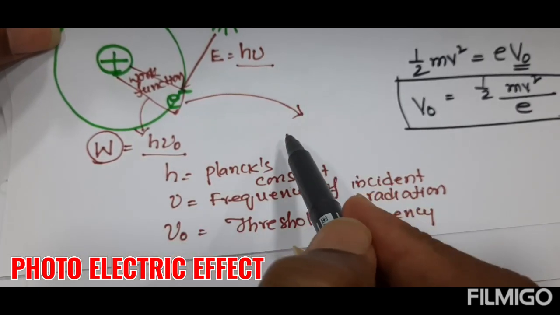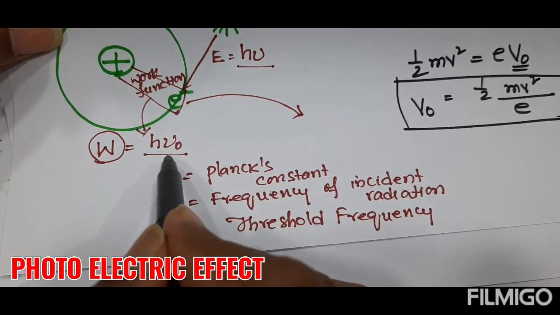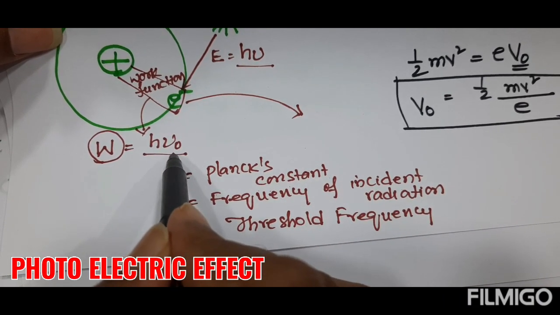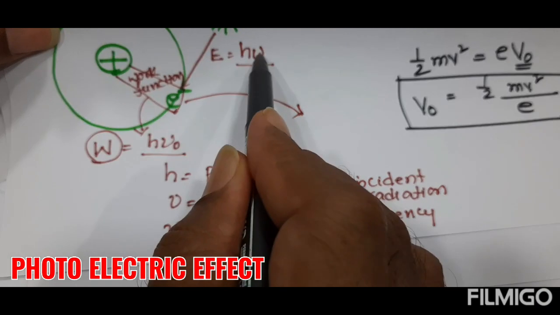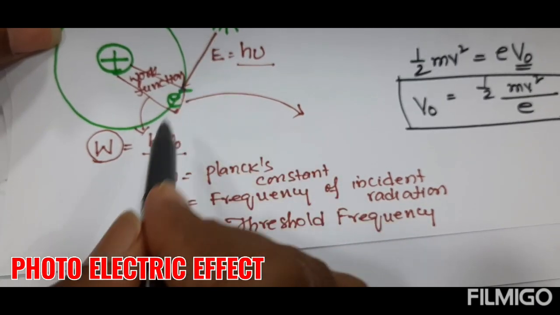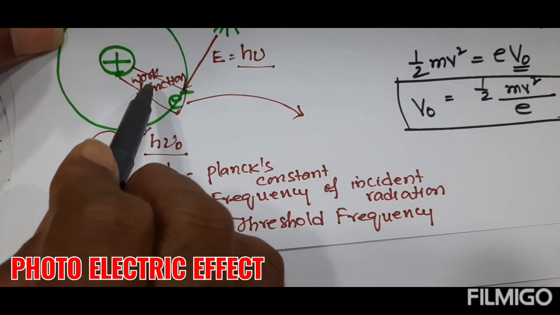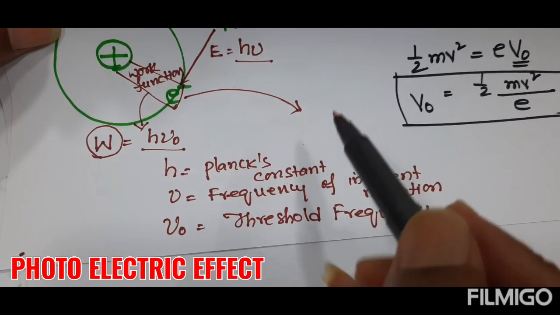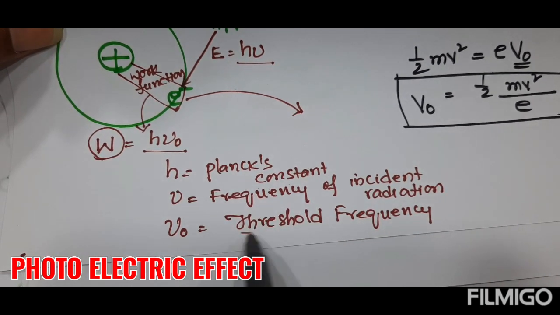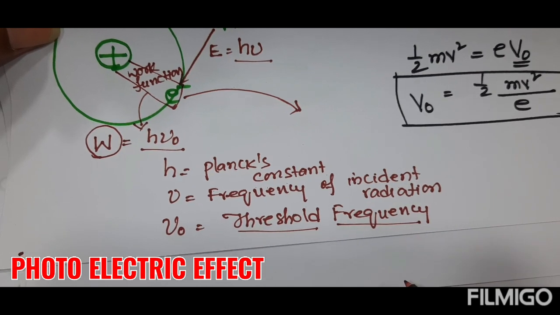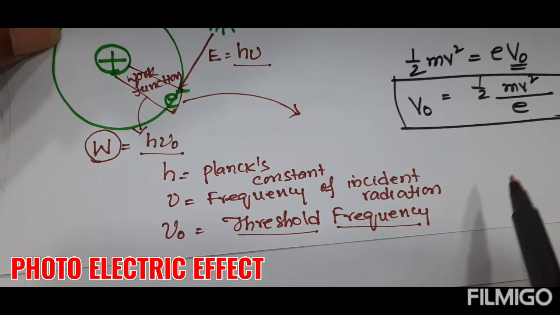The incident energy is h nu and the consumed energy is h nu naught. Nu is the frequency of the radiation, and nu naught is the frequency of the radiation consumed. We will call it threshold frequency or critical frequency, right?